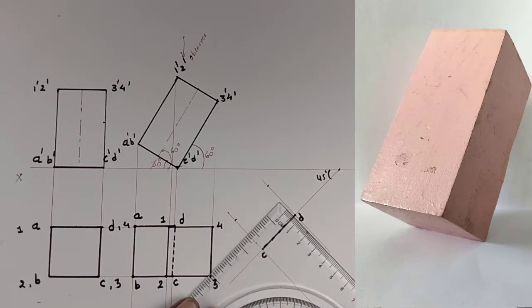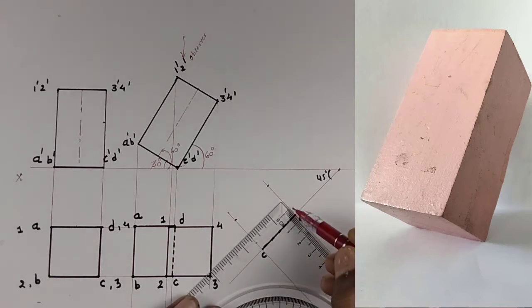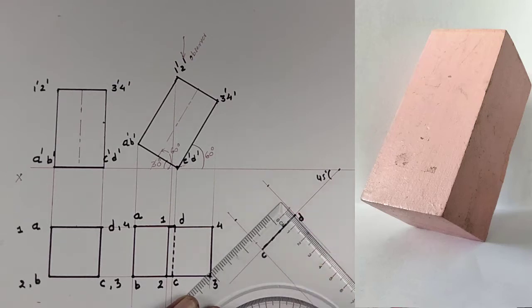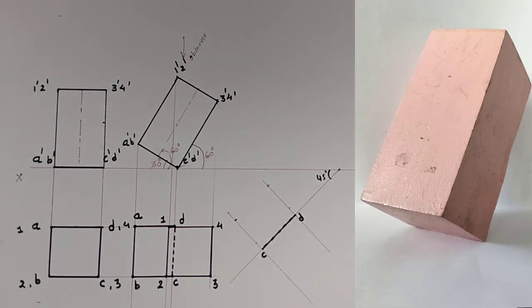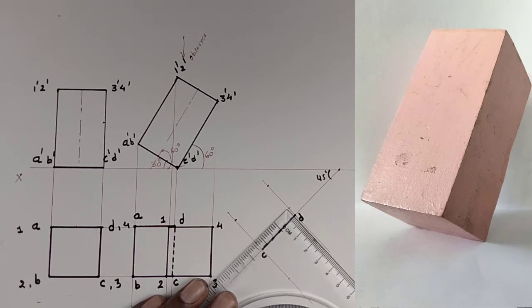Similarly, D1 is also 5 mm. Then C to 3, your C3, is 25 mm. Similarly, the distance D4 is 25 mm.